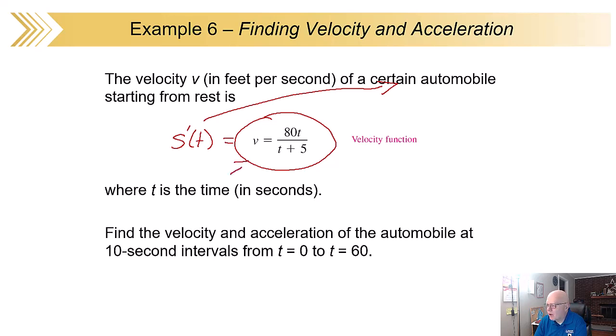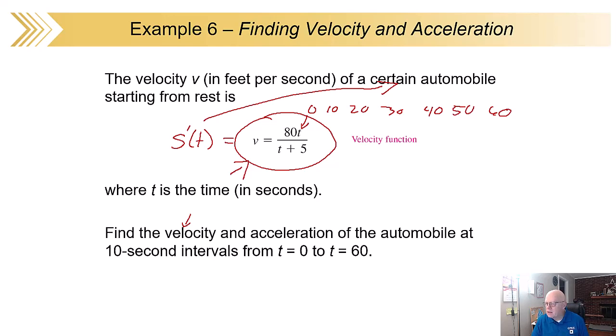We've already got that function at 10-second intervals from t equals 0 to t equals 60. For the velocity, all you're going to have to do is put 0 in here and put 10 in there, 20, 30, 40, 50, and then 60 to get the various speeds at those times.